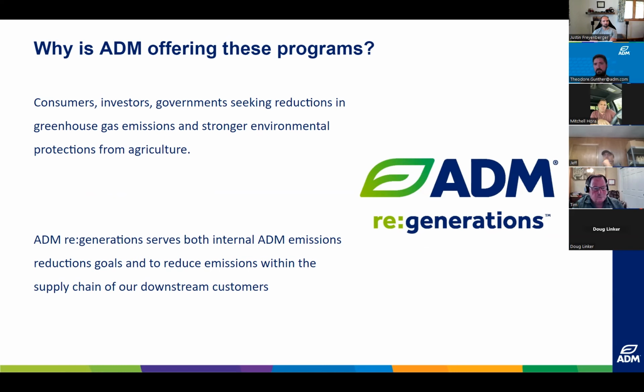There's different ways to go about that, and there's different interests involved. What ADM is focused on doing with our programs is serving our downstream customers that are looking for ways to reduce the emissions within their supply chain.